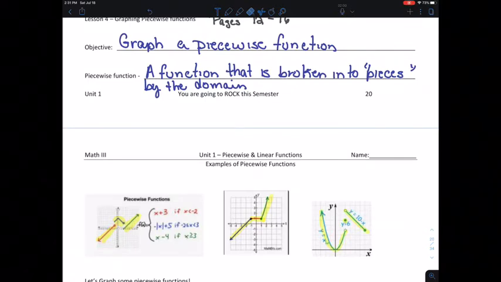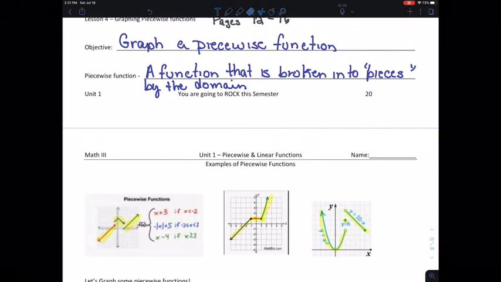We use piecewise functions in several places in the real world. For instance, if you are mailing a package, there may be one rate for the package if it's between 2 and 4 ounces, and there may be another rate if the package is between 10 and 12 ounces. And we would represent that with a piecewise function.